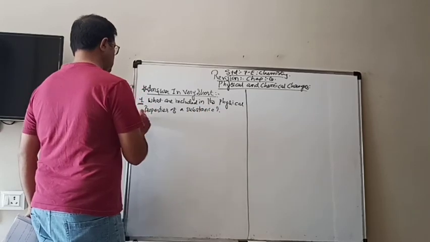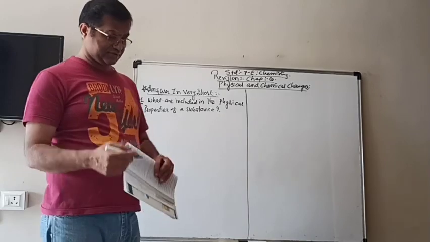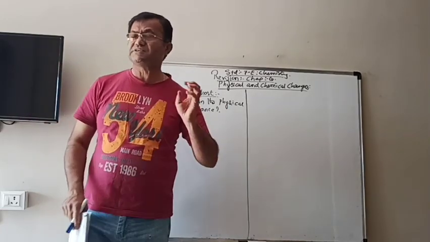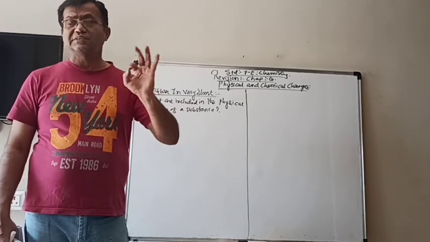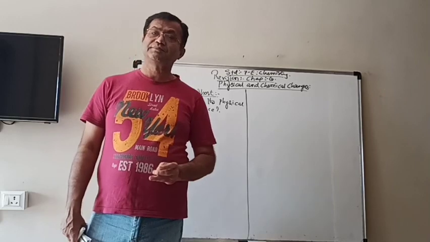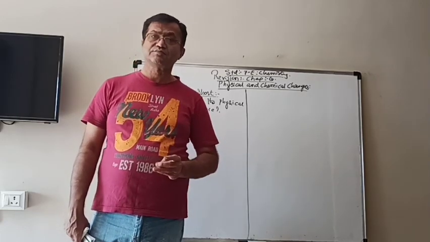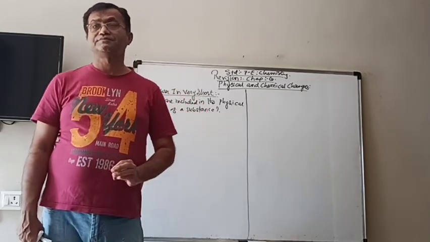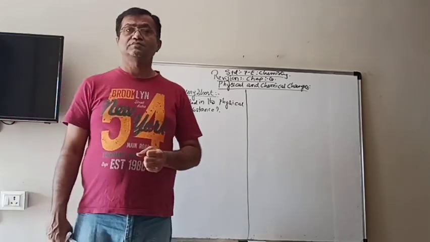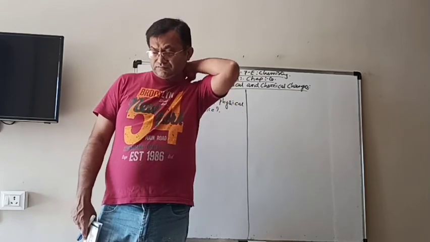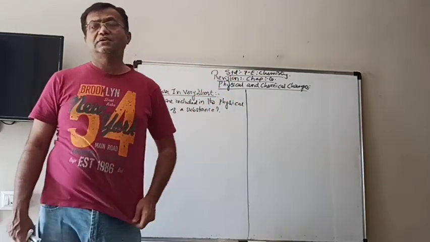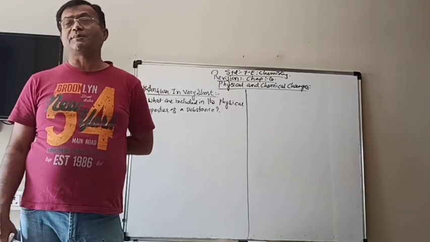The physical properties of a substance are like the state of matter, shape, size, color, temperature, etc. So when these are included, they are physical properties.